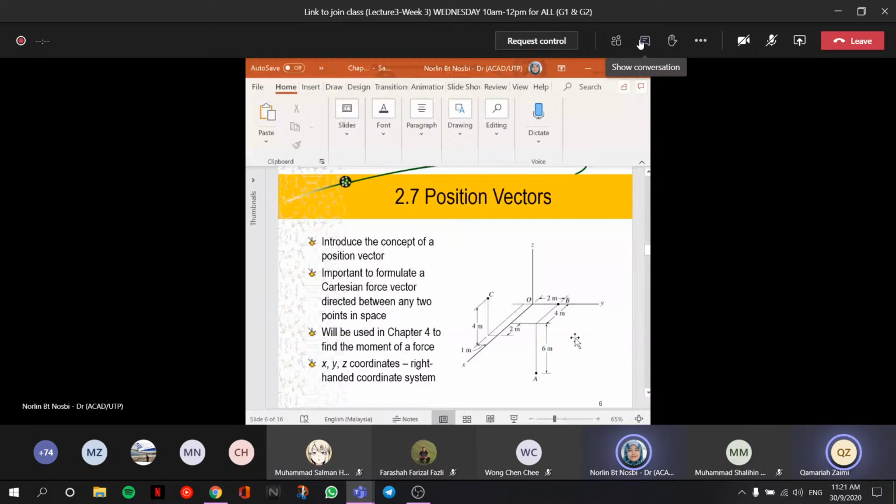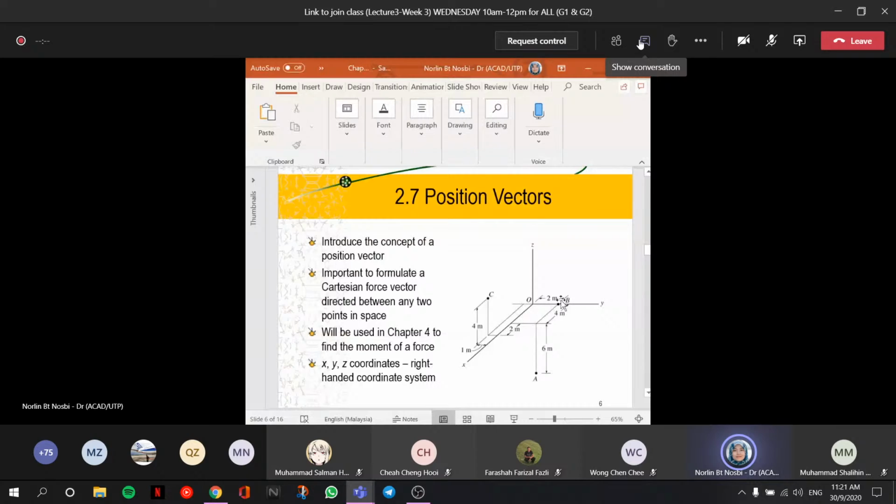For example, at point A here, what is the coordinate for point A? It is X is 2, Y is 4, and Z is 6. So 2, 4, 6, right? The coordinate for A. And then how about B? You need to find the position vector.